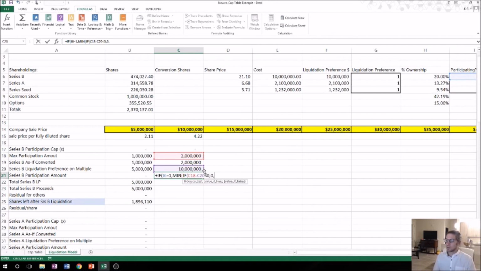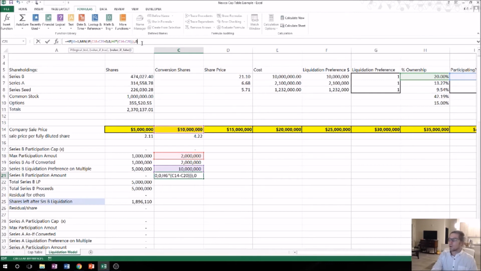Otherwise, we want to multiply the ownership percentage times the company's sale price minus liquidation preference on multiple, in which that needs to be in parentheses, and close off all the other ones, and put a comma, then a 0.